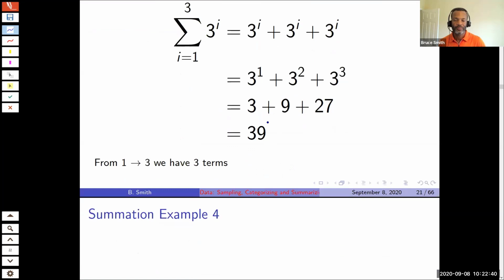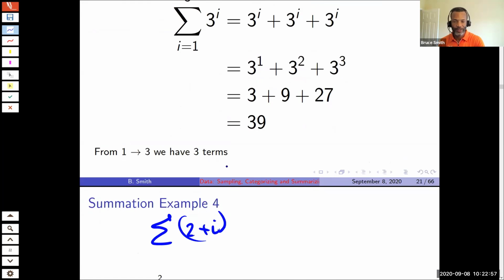And finally, let's do this one last one here. And could I do this? i equal to 0 and i equal to 2. Now this one gets more interesting. It's 2 plus i raised to the ith power.